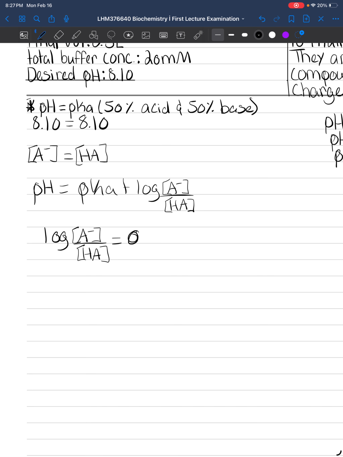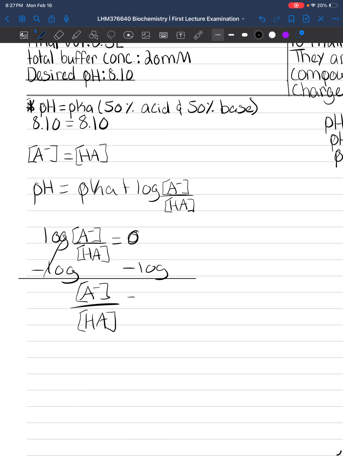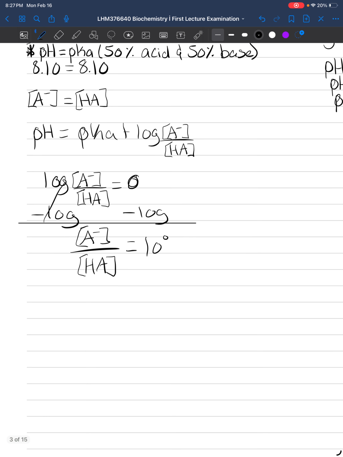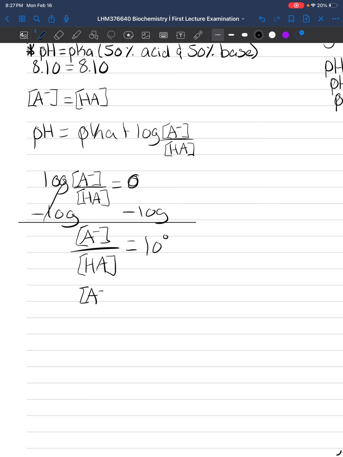If we solve this, we take the antilog to get the ratio of A minus over HA, which is 10 to the 0, and 10 to the 0 is 1. So it's 1.